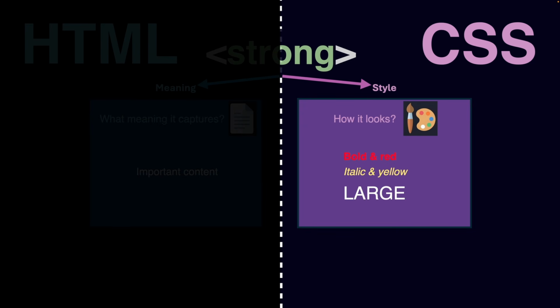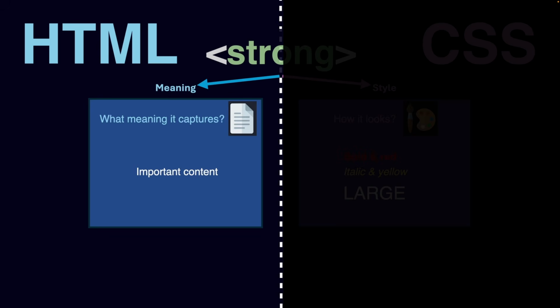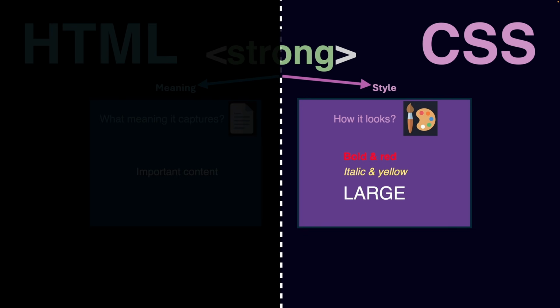So we have two separate concerns and two different languages to deal with them. When we are writing HTML, we are only concerned with capturing the structure and meaning of our content, and style is irrelevant to us. Later on, when we're writing CSS, we will only care about the style of our content, and the meaning will be irrelevant to us.